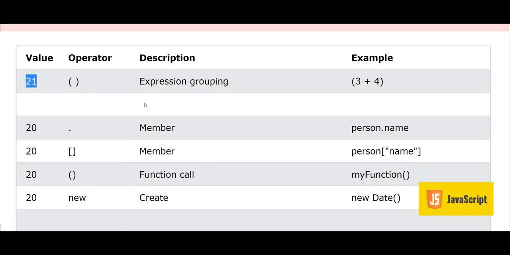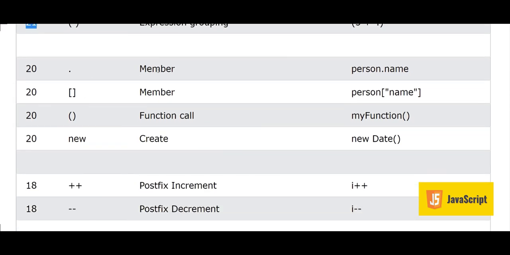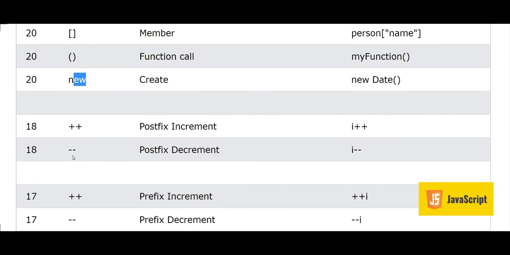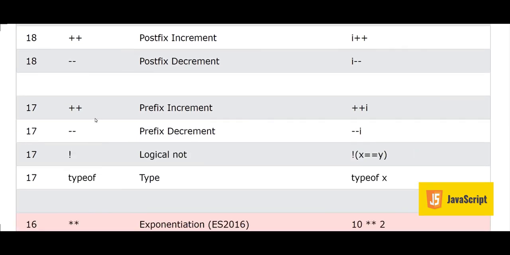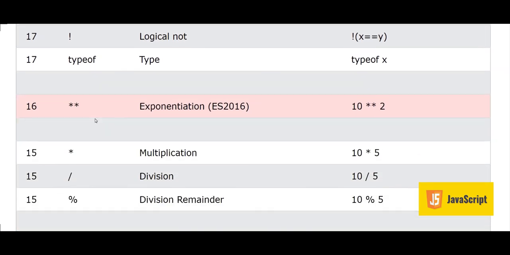Similarly, we have member access operators, function calls, and the new operator which creates a new object, then increment and decrement. Prefix increment and prefix decrement are different things. As we go down, the precedence is decreasing.